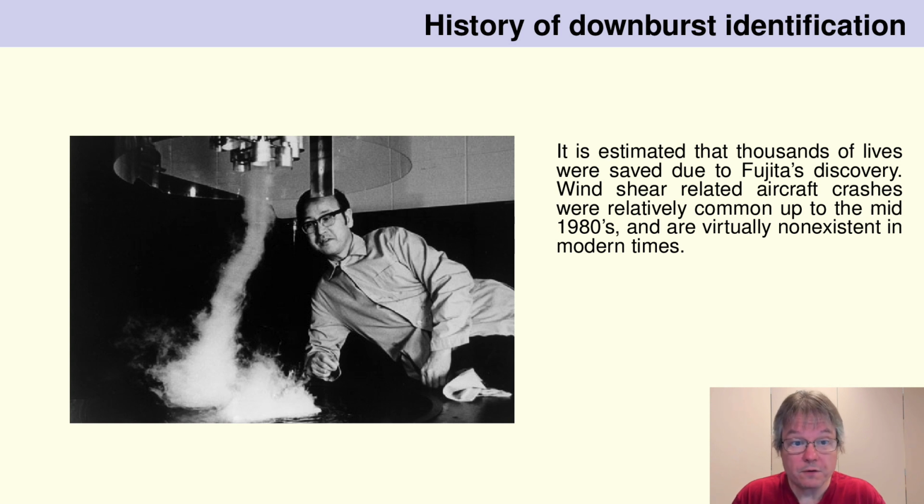But it was a huge motivator for understanding downbursts in the earlier days, in the 80s and 90s, because of what they did to aircraft, or what they could do. Now, in the modern days, we're still interested in wind shear hazard, but we know how to avoid it. But now the focus on downbursts from the scientific side, from my side of the coin, so to speak, is understanding their nature in thunderstorms.